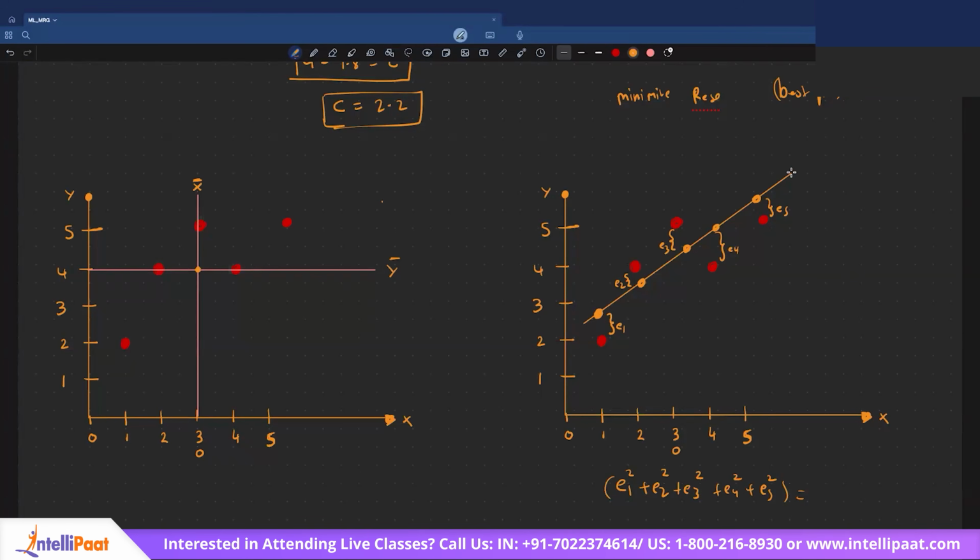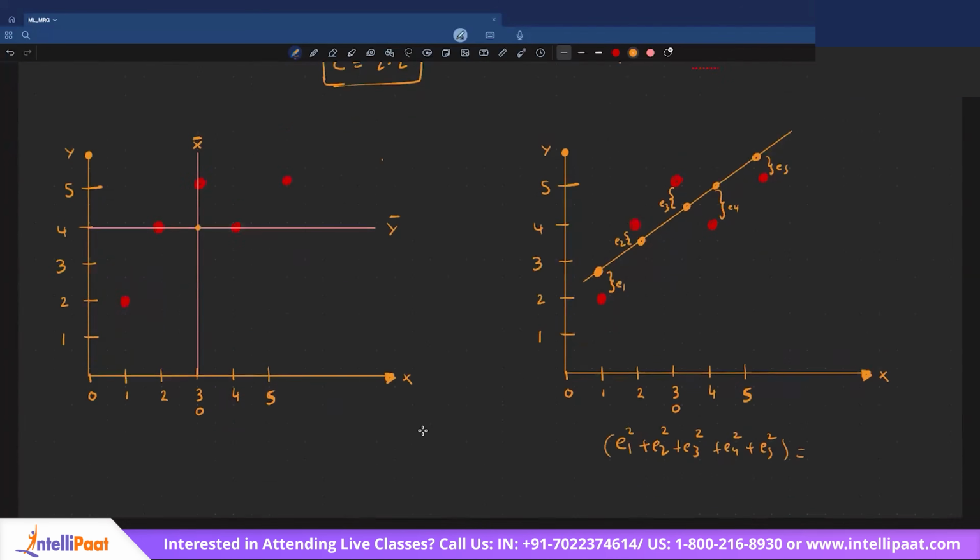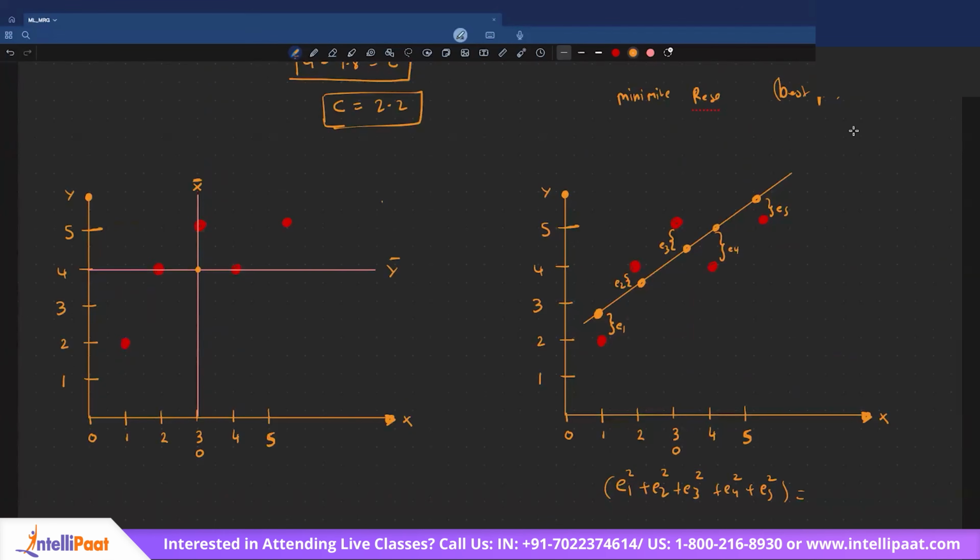If I take the line we have calculated and rotate it a little, just for practical purposes, to test something, can I rotate it a little to the left and a little to the right? When I rotate it twice to the left and twice to the right, I got the total error as 1.6, 1.2, 1.9, and 2.3.